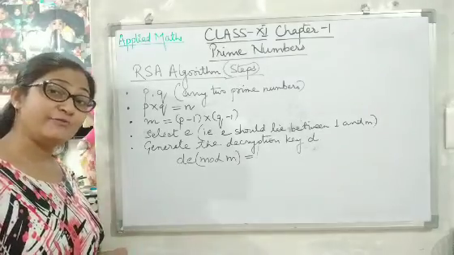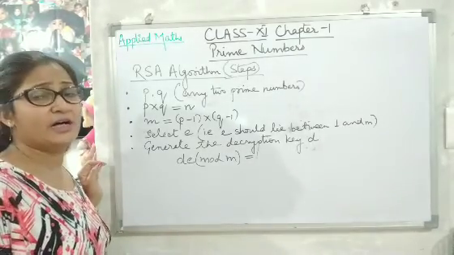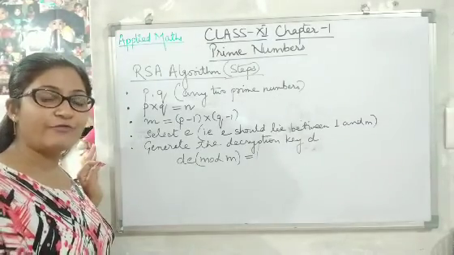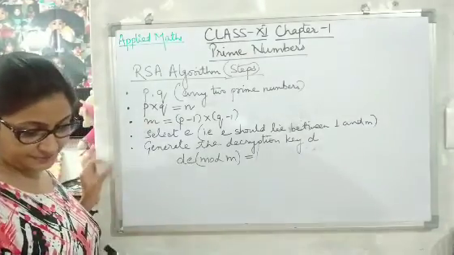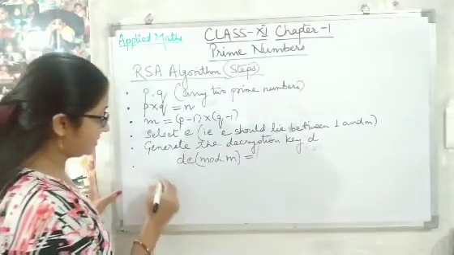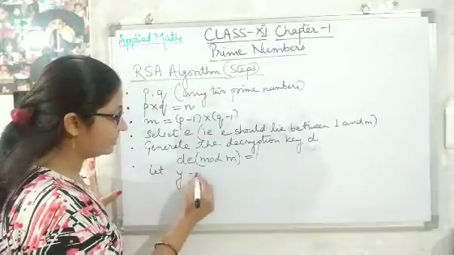These steps you have to learn, you have to keep them in mind. Although I think that if you try to solve these questions 4-5 times, you will be able to learn all these steps.